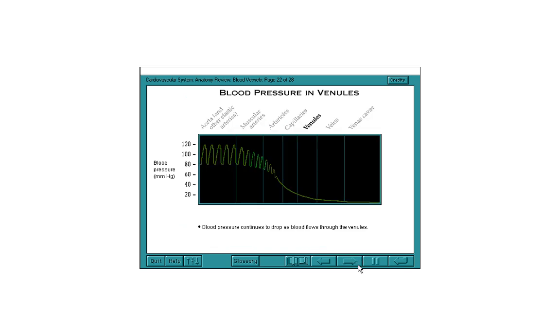In the graph of blood pressures, note that pressure continues to drop as blood flows through the venules, encountering further resistance.